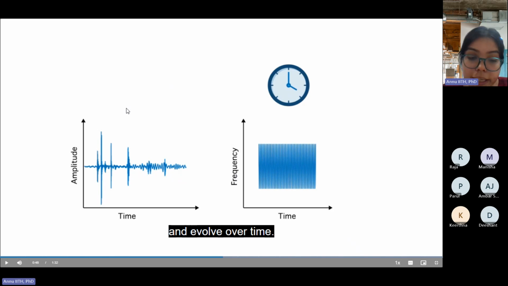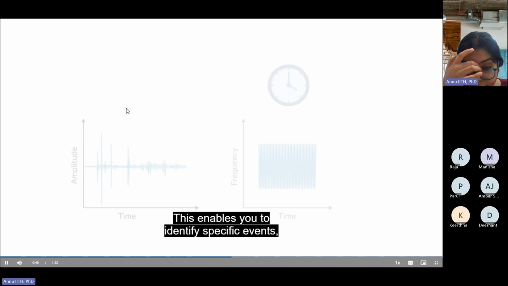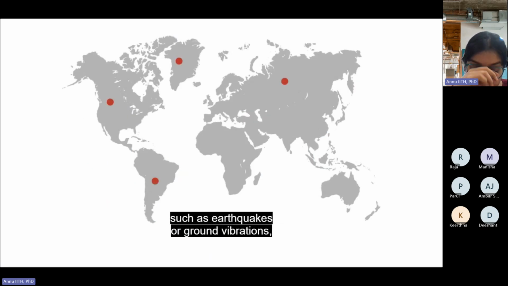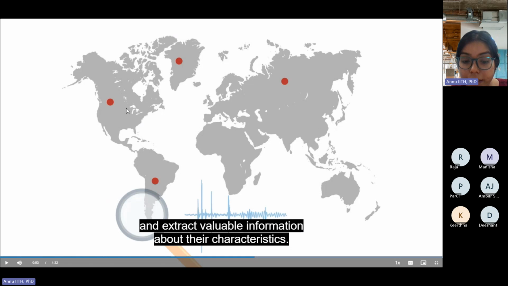Basically, the evolving of a signal over time. This enables us to identify specific events, such as earthquakes or ground vibrations, and extract valuable information about their characteristics.